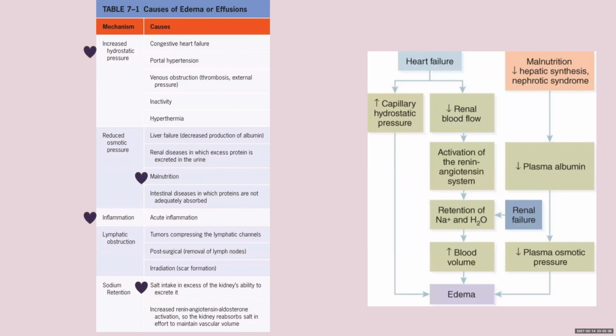So there are so many causes of edema or effusion, but again, the main pathophysiology that explains this is the hydrostatic pressure, osmotic pressure, and the other ones that are listed on this table, the mechanisms. Inflammation really has to do with that endothelial cell integrity. Why?